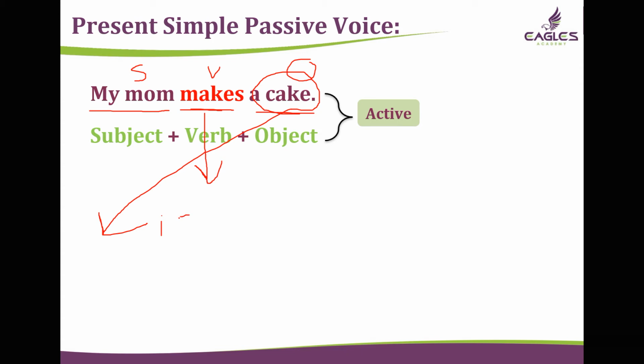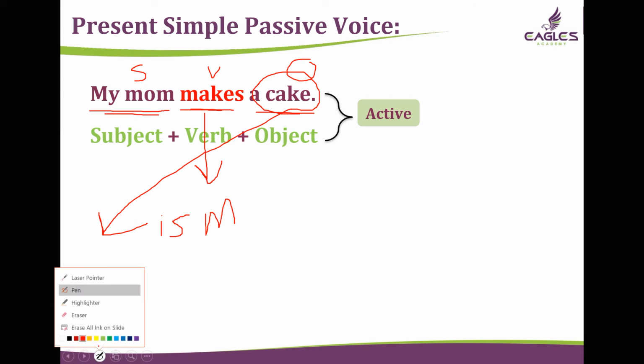It is "is", not "are". Why? Because the object is singular. If the object was plural, in this case we have to add "are". So "is". Then what should we do? We turn the verb to verb 3, or we can say the past participle, from the third column. So make to made. Then we write "by", then the subject.